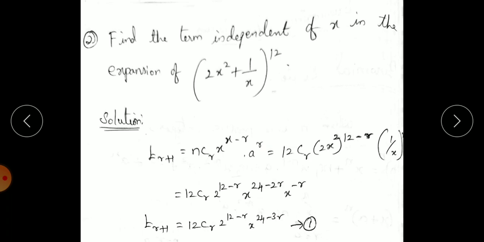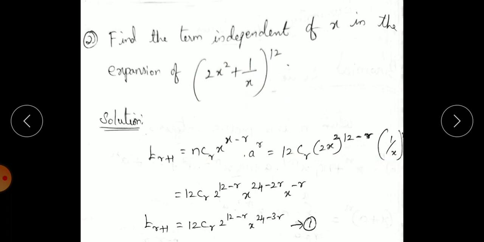Okay, next question. Find the term independent of x in the expansion (2x squared plus 1 by x) to the power 12. We know the general term formula. Here n is 12, x is 2x squared, and a is 1 by x.